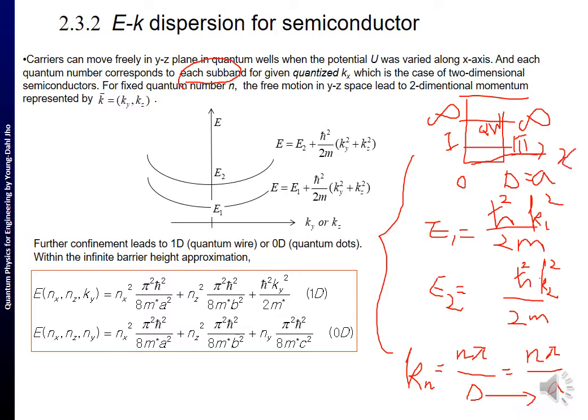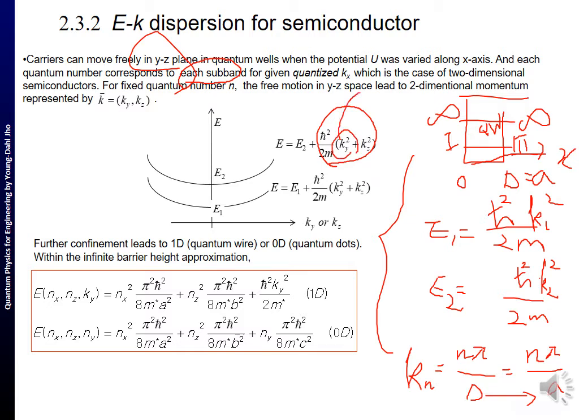Then how about the y and z plane? They are free, so we need to add additional energy, the free particle kinetic energy. Okay, it's shown here, h bar square over 2m ky square.